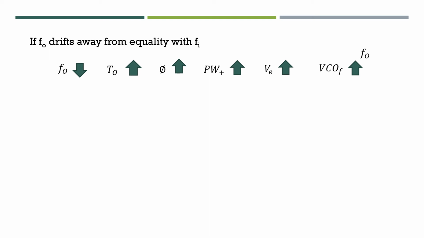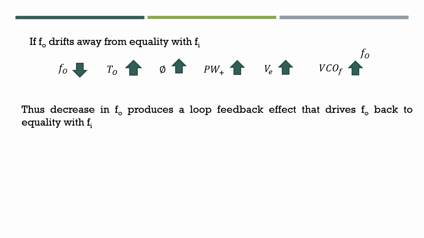So here F0 initially decreased, but it has to attain the value of Fi. So it has to maintain that equality. When F0 decreases, immediately these parameters will make the output frequency increase. Thus we can say that a decrease in F0 produces a feedback effect that drives F0 back to equality with Fi. Seeing the other case, if F0 increases, the time period T0 decreases.